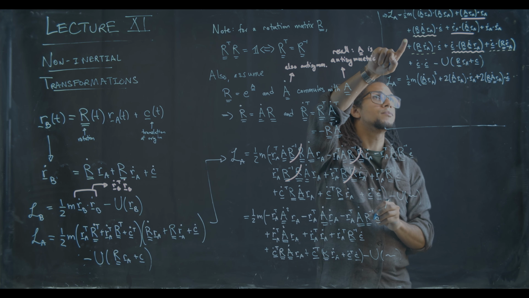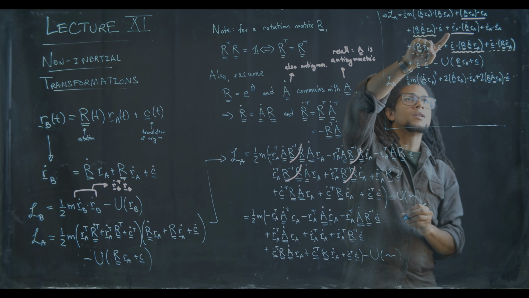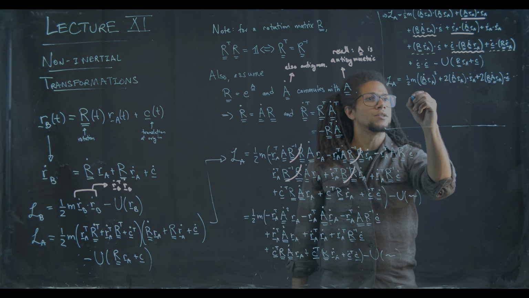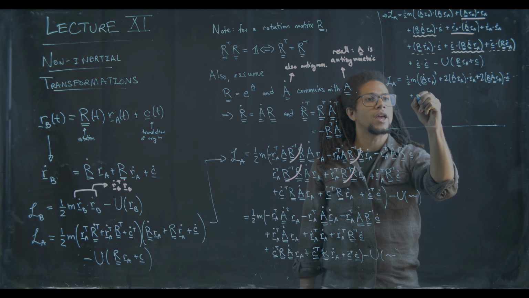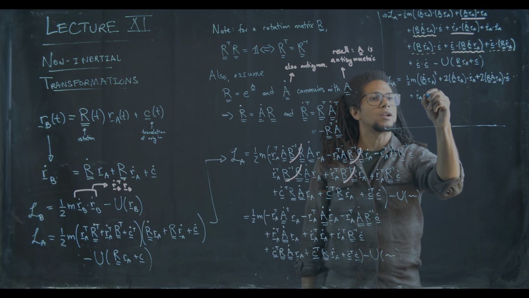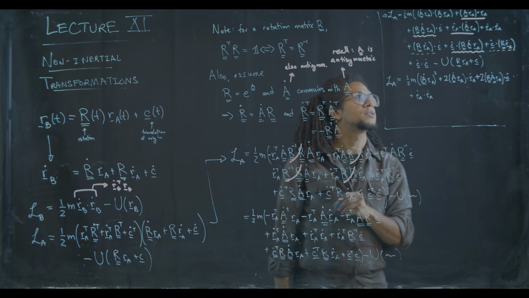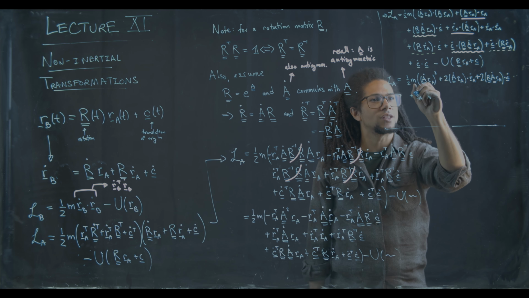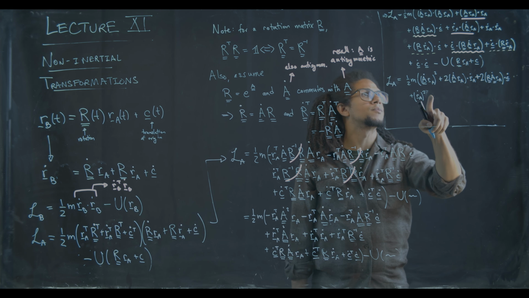Good. Now here, I've already taken up this term. Here's my ordinary looking kinetic term. So RA dot RA dot, or maybe just to make it match this one here, I'll say this thing squared.